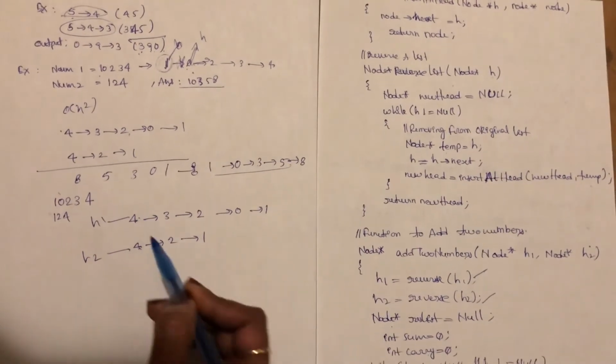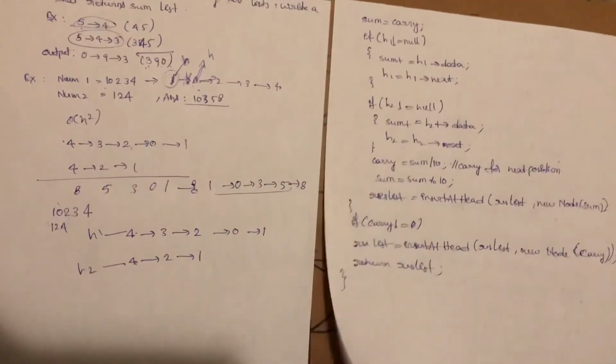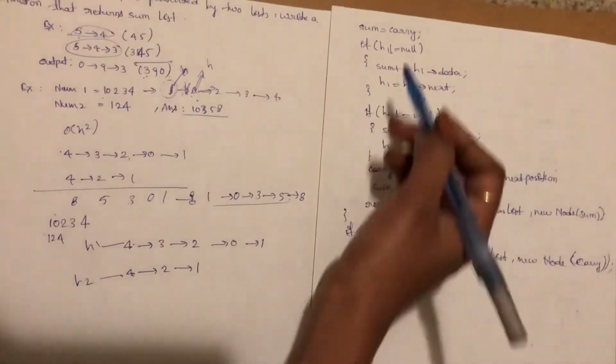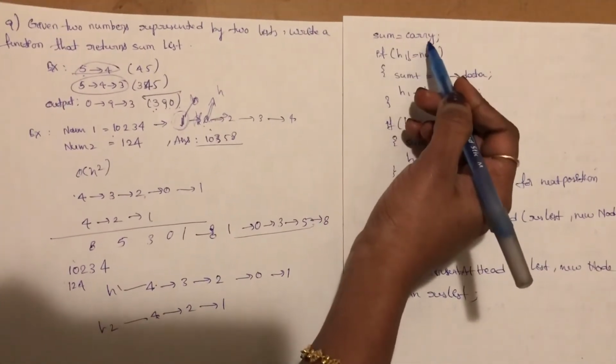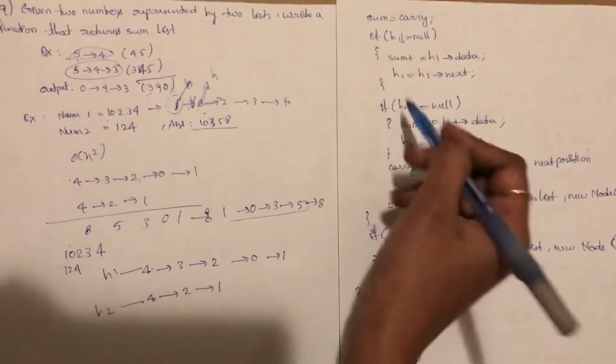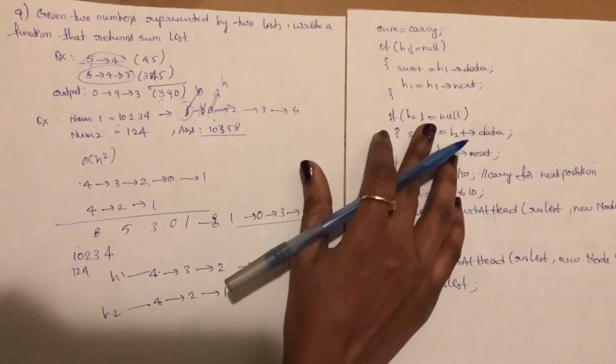If h1 is not equal to null and h2 is not equal to null, then we enter the loop. We initialize sum equal to carry, because initially the sum is 0 and carry is 0, they are both equal.